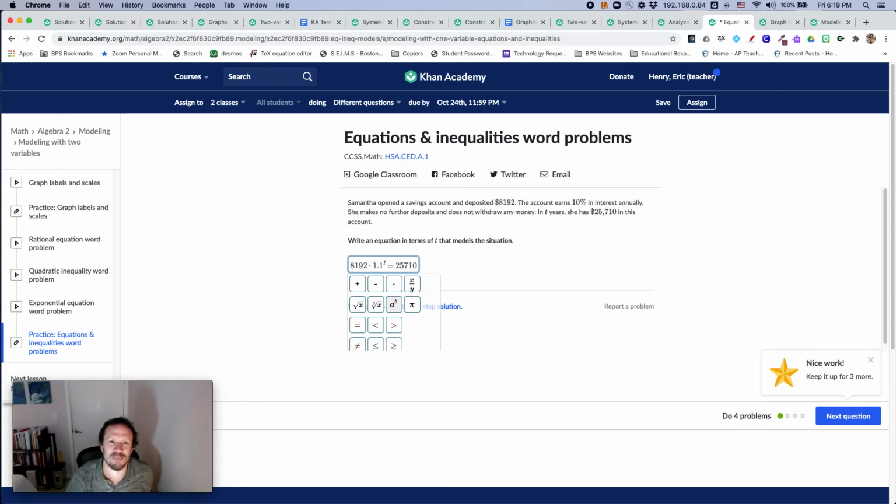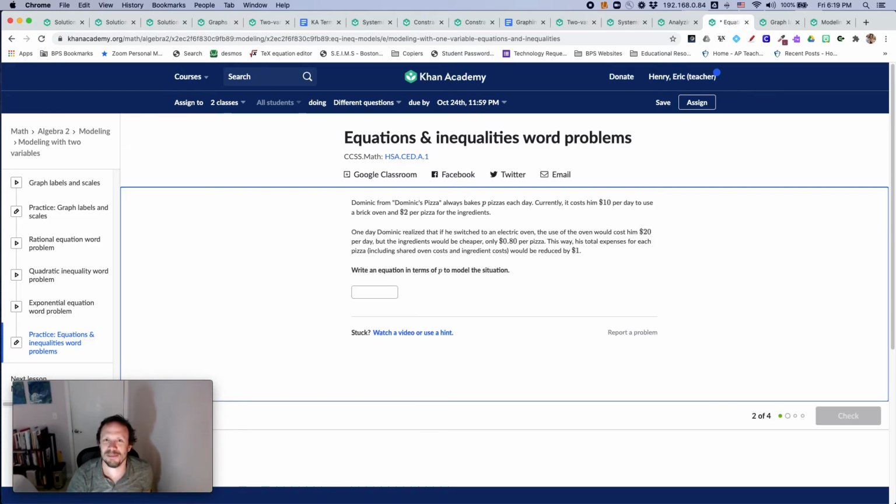And as a bonus, our next problem. $10 per day to use a brick oven, $2 per pizza for the ingredients. One day, Dominic realized that if he switched to an electric oven, the use of the oven would cost him $20 per day, but the ingredients would be cheaper, only 80 cents per pizza. This way, his total expenses for each day, including shared oven costs and ingredient costs, would be reduced by $1.